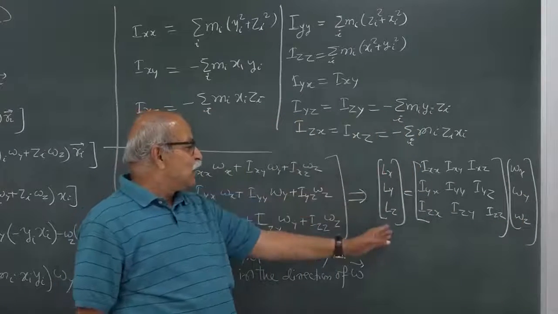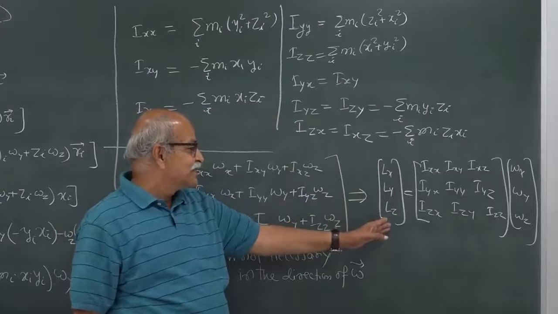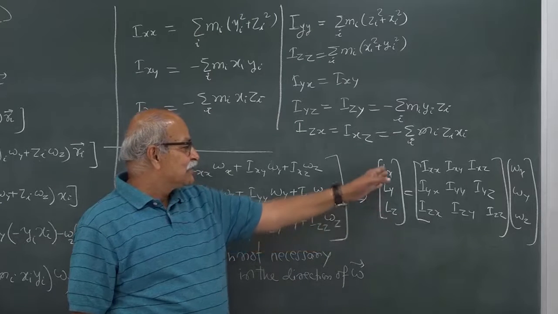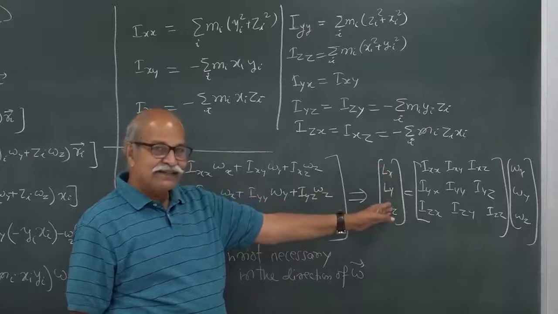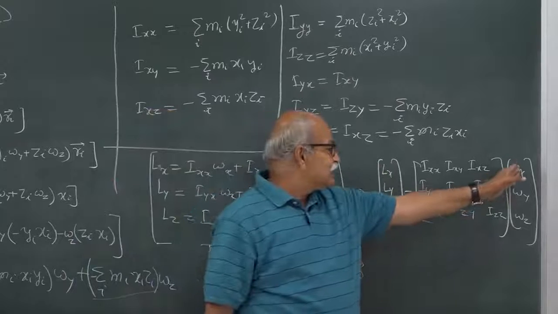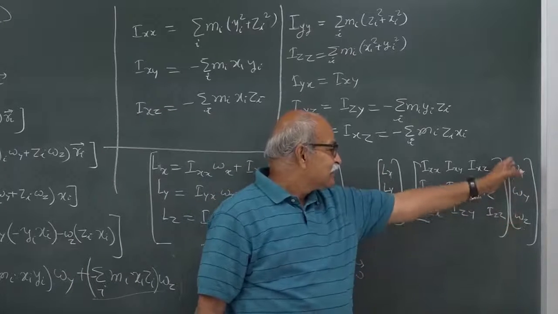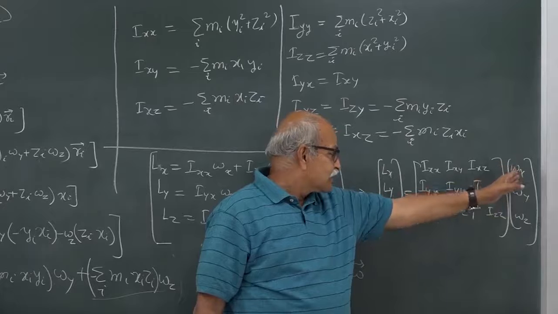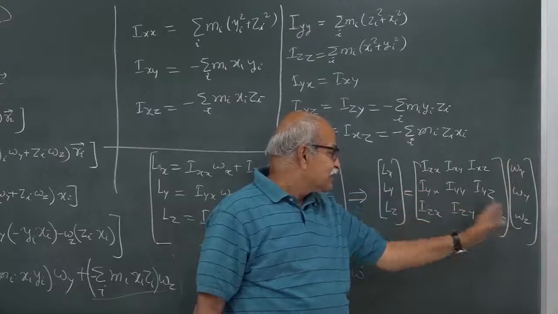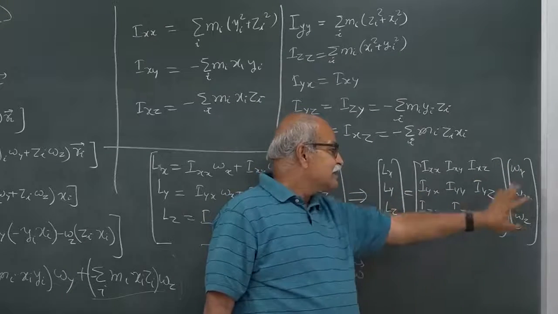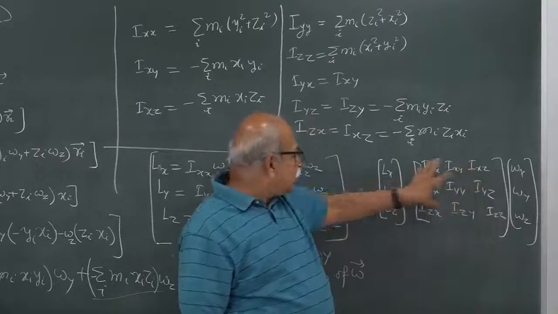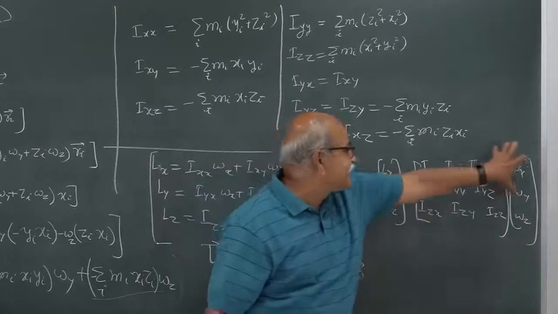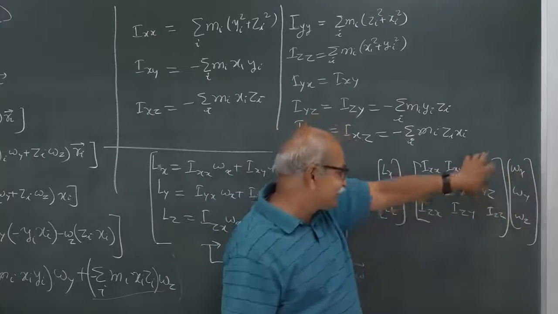So, this whole column matrix gives you the 3 components of the angular momentum vector, and here you have this column matrix giving the components of the angular velocity vector omega. The relation between this and this is like this. It is not L equal to some constant times omega, right, it is this.